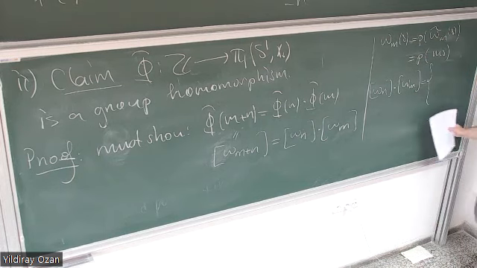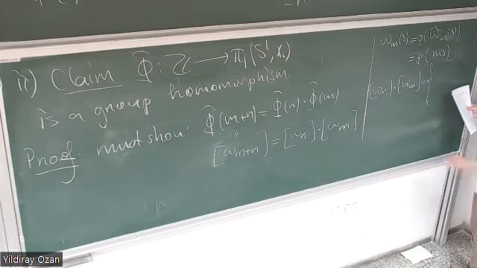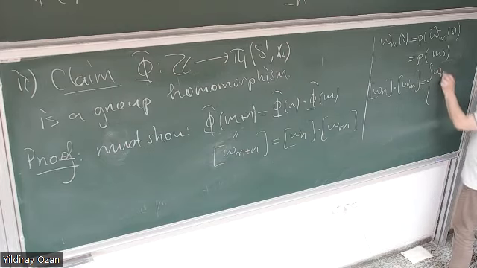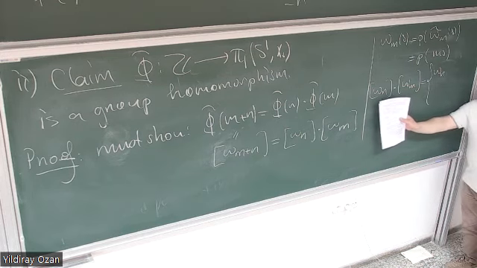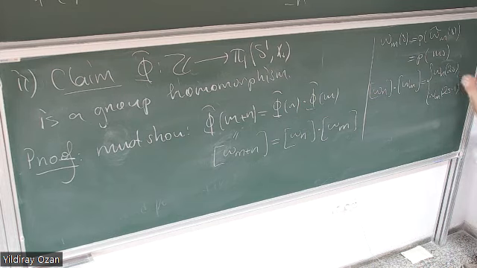In half of the time I go along this one, in the other half along that one. So first I go along Wn, right? We were doing it that way. Wn of 2s and Wm of 2s minus 1. So this is in the first half, 0 to 1 over 2, and this is in the second half, 1 over 2 to 1.